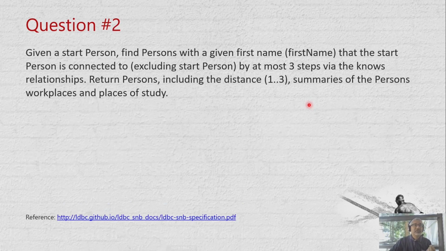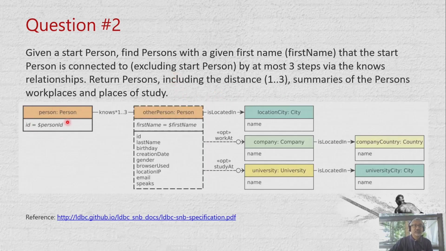The second example of a query that I want to show you is again derived from the LDBC SNB. This one is a little bit more complicated. We will use a starting point, which is a given person. We will then find out their links, whether they are 1 hop, 2 hops, or 3 hops away, and thereby identify these other persons that they are connected to.